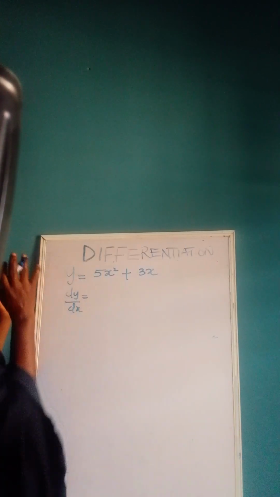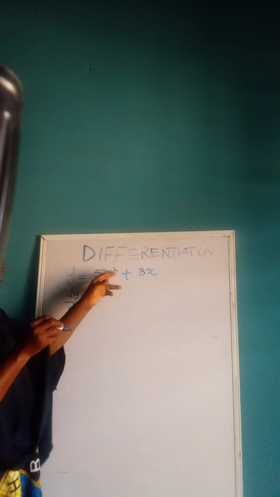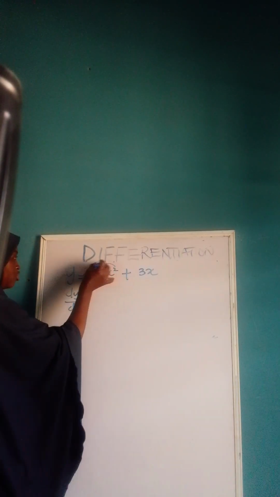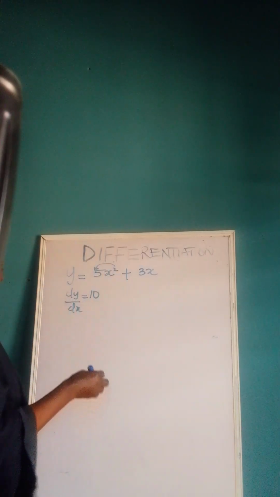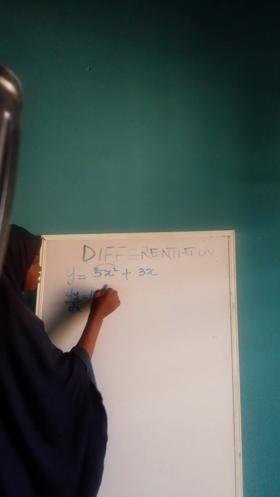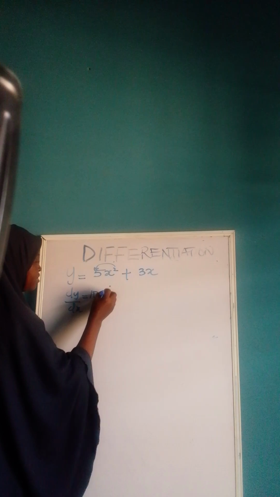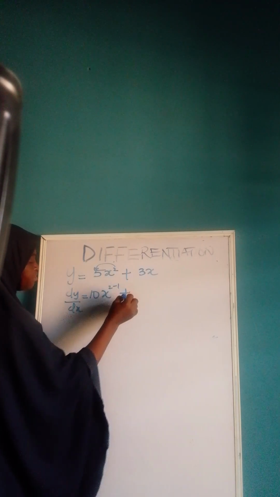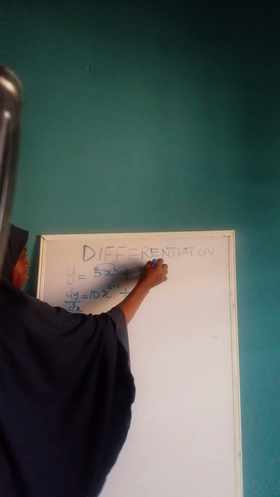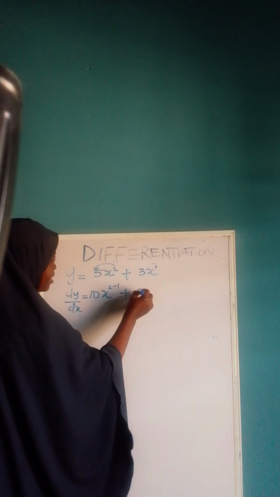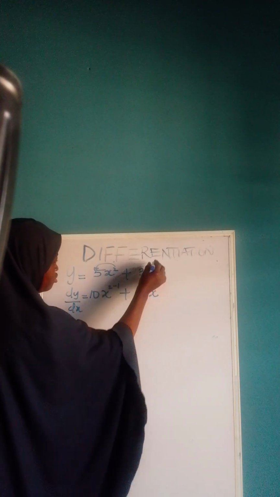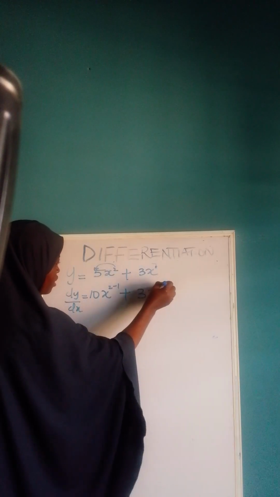What do you do? You take them one by one. This is 5x squared. You transfer the 2 and multiply it by 5. You have 10, and reduce the power by 1. So you have 10x to the power 2 minus 1, plus. The power of this one is 1. Multiply the power by 3, you have 3. That x, you know, has power 1. You remove 1 from it.